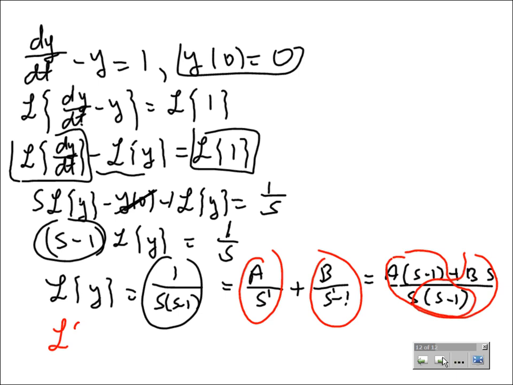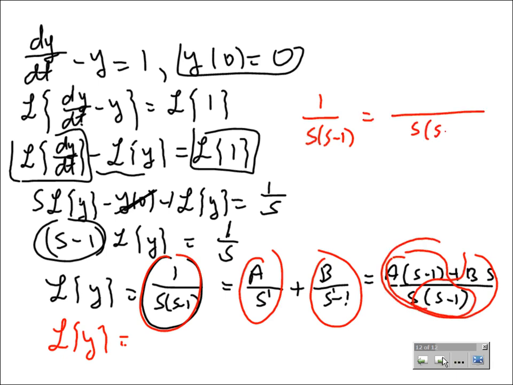So L of y is, now this numerator, well, let's just worry about the numerator. 1 over s times s minus 1 is equal to this fraction, which also has the same denominator. It has A s plus B s. It has A plus B times s minus A. The left side has no s's.